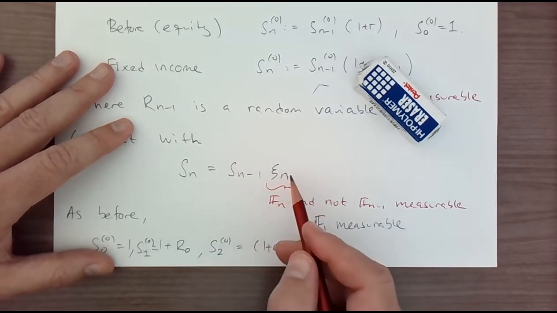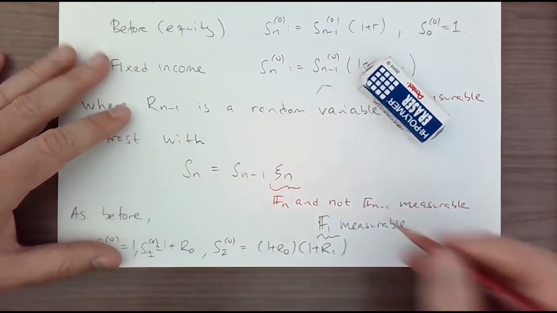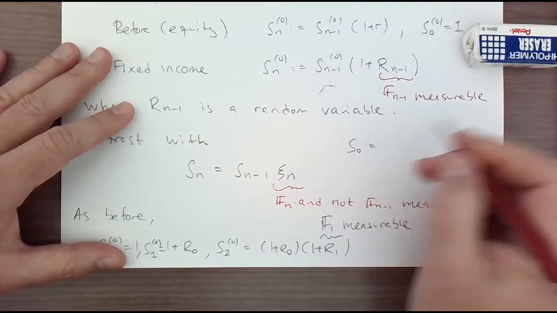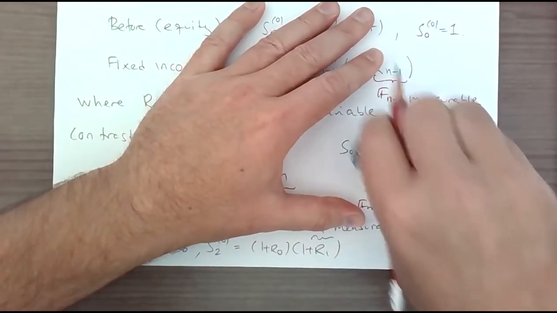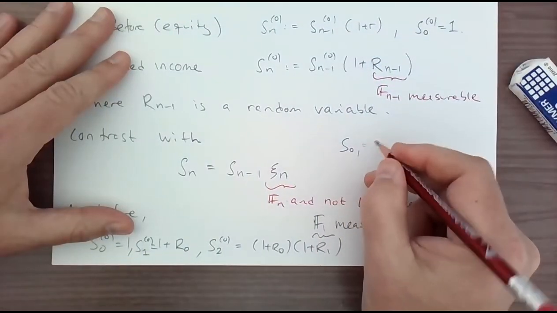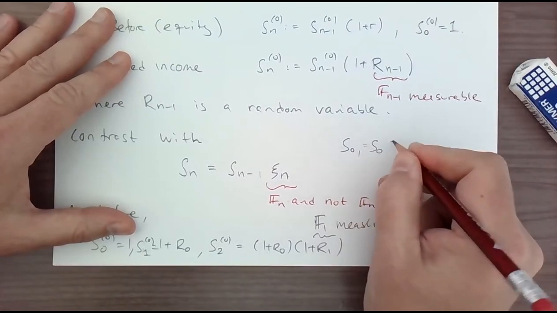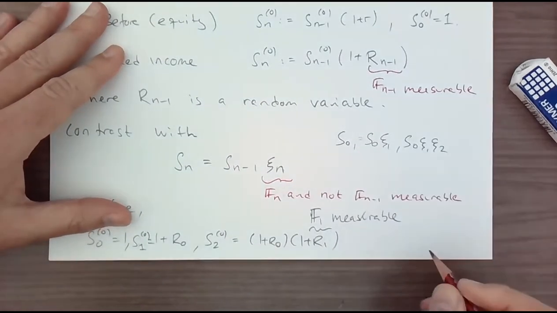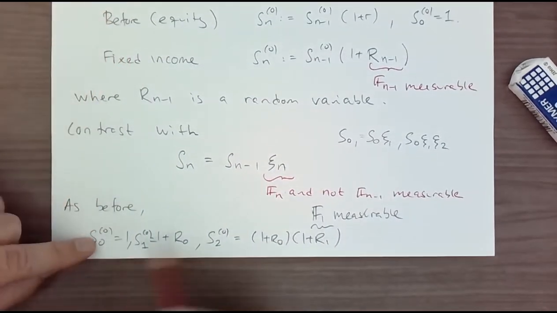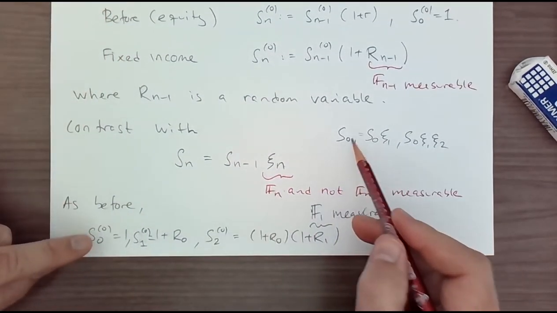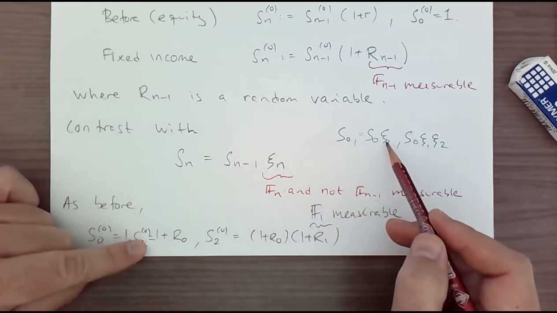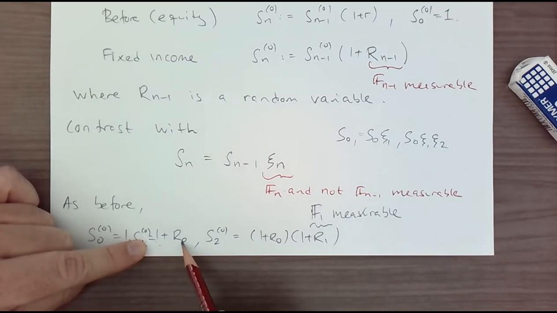And this is in contrast to what you had here. If you were to do this one, you get that S0, that's the first one. Then you're going to get S1. S1 is going to be S0 times psi1, and then you're going to get S0 times psi1, psi2. So you see the difference. It's true that we start out just being a constant, but in the value in the next period, already here you have randomness, but here there's no randomness.